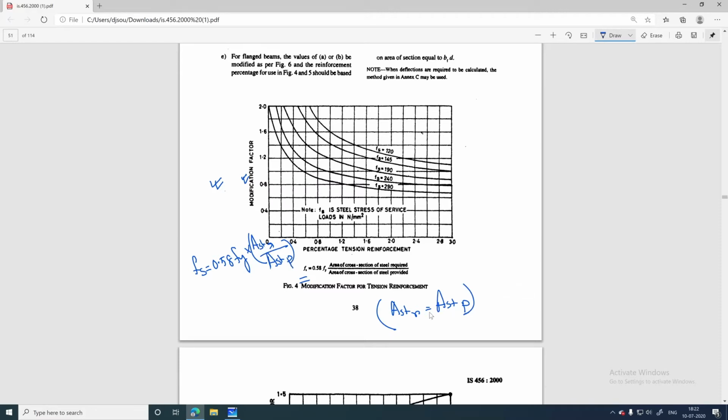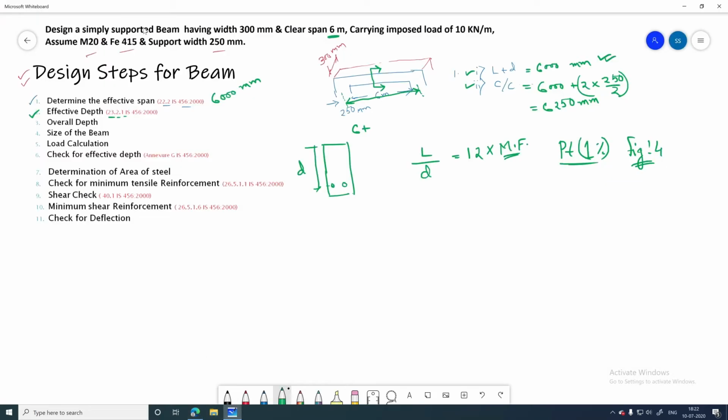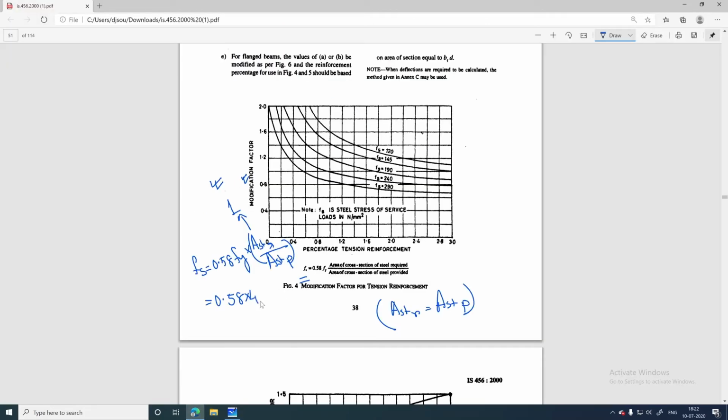So we consider these two are the same, that means this particular portion tends to 1. So ultimately what we get is 0.58 into Fy. Fy as per our problem is 415, right? So the result will be 240.7.